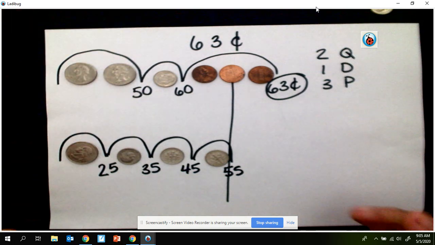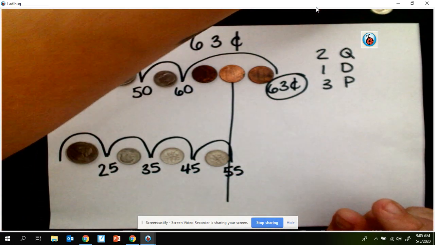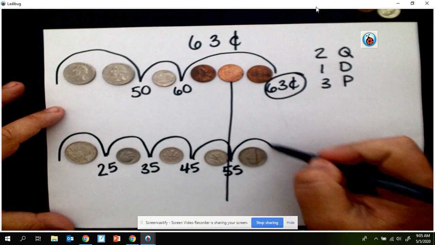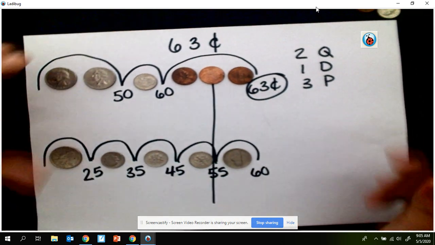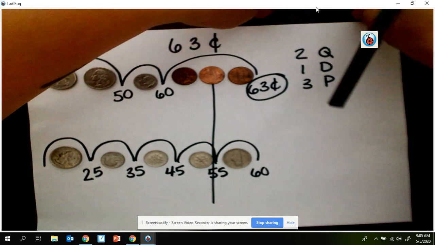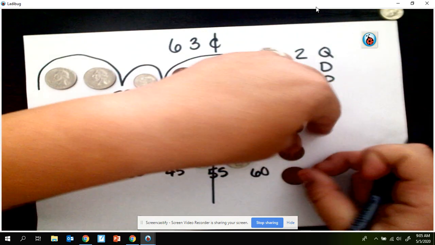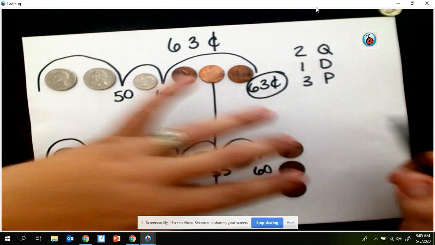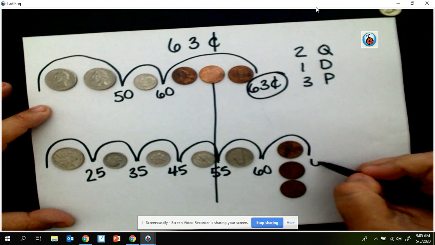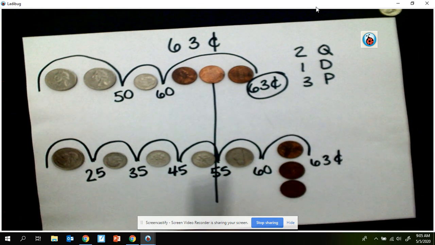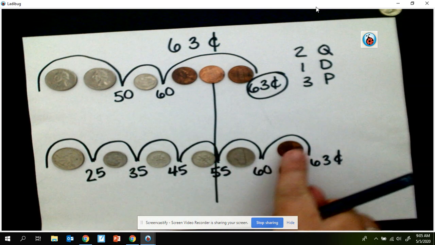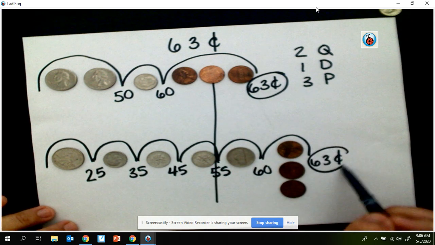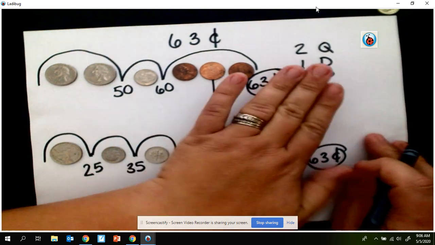That's too much. I'm at 55, and I've got to get to 60 with a nickel because I'm going to add 5. I get to 60, and now I have to get to 63, which is my 3 pennies. So here I have 1 quarter, 3 dimes, 1 nickel, and 3 pennies, and it got me to 63 cents.